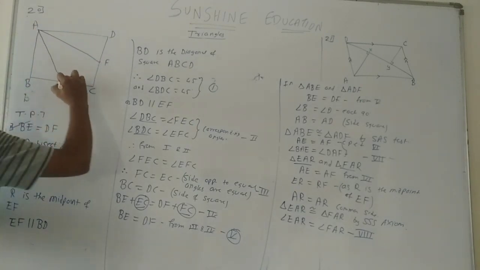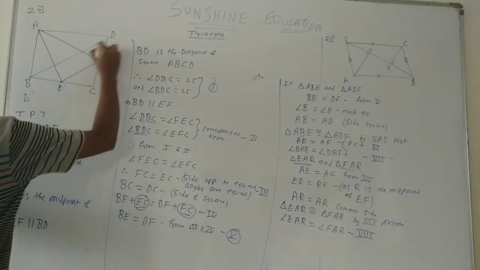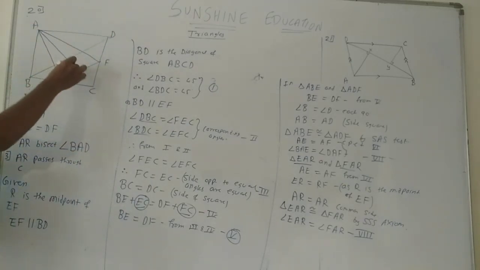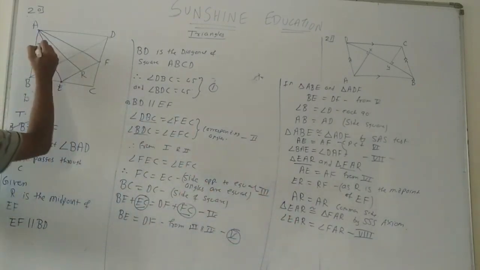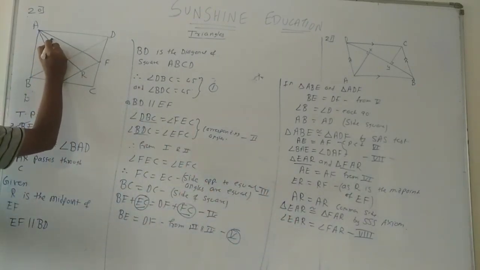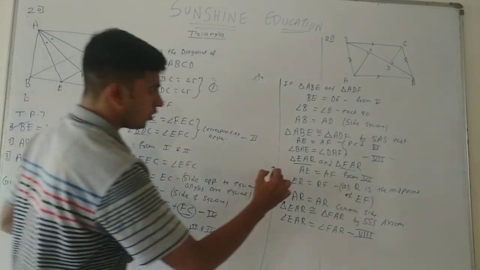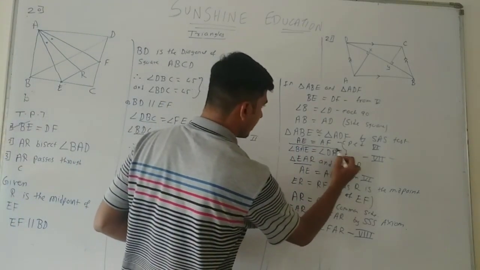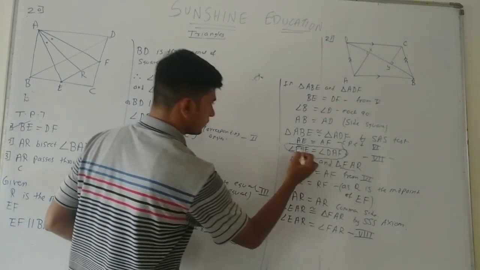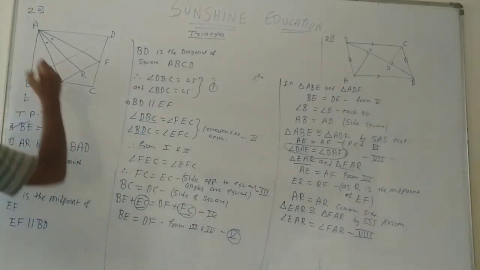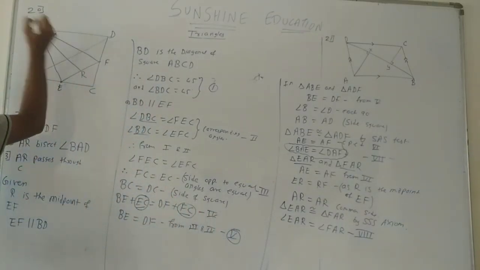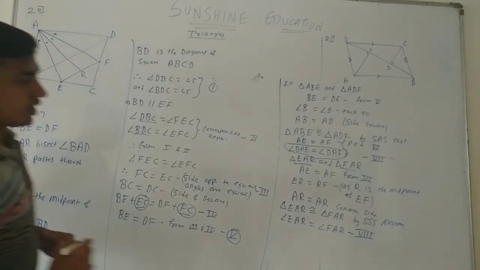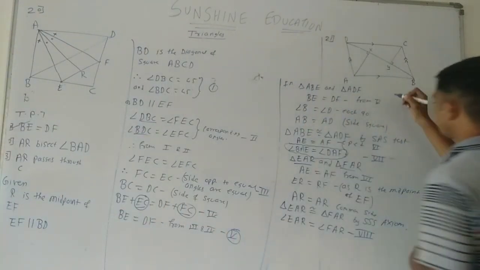We had joined this. This is a diagonal, this is AR, and what we have proved now is this part is equal to this part. And if you observe step number 7, what is given? BAE, so this part is equal to DAF. This part.